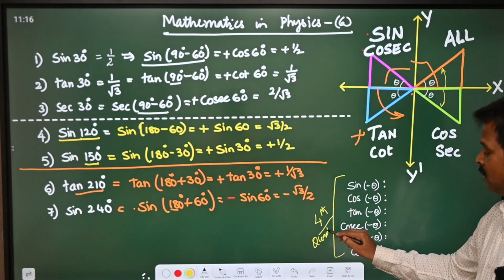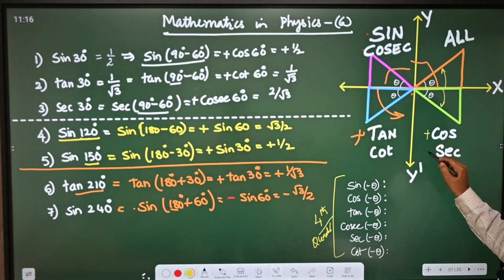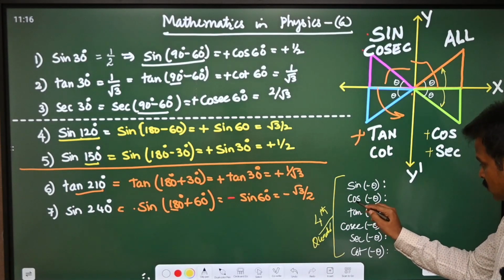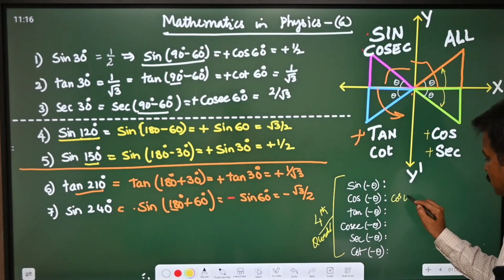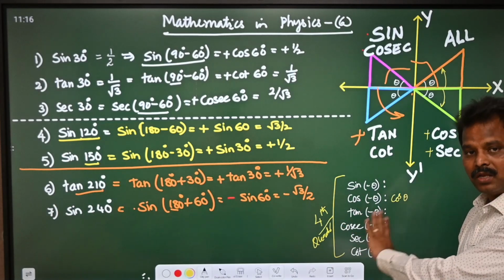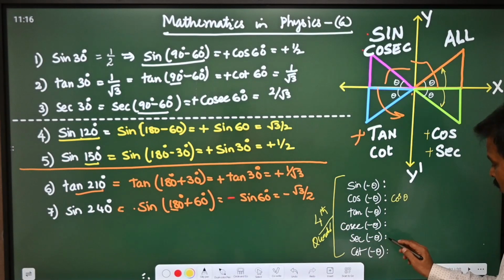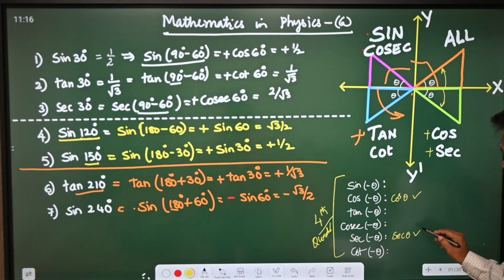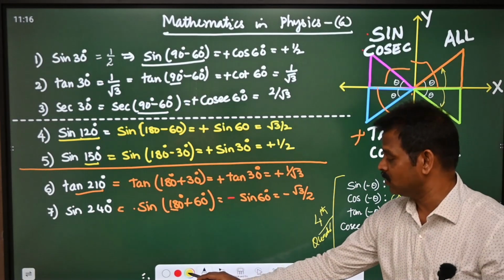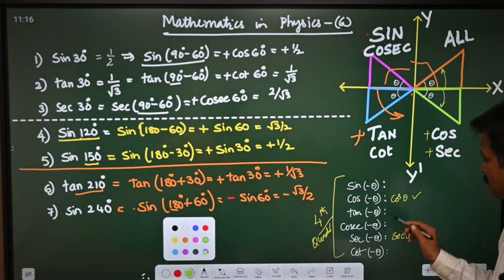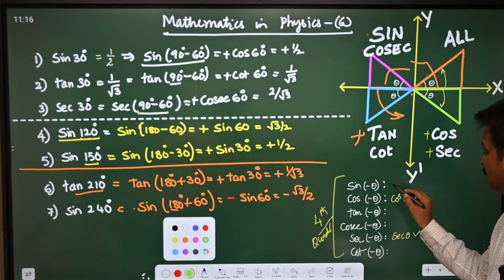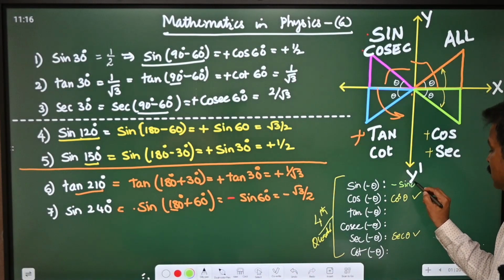In the fourth quadrant, we know cos and secant are positive. So cos of minus theta is cos theta, and secant of minus theta is secant theta. Only these two are positive. All other quantities will become negative here. Sine of minus theta is minus sine theta.